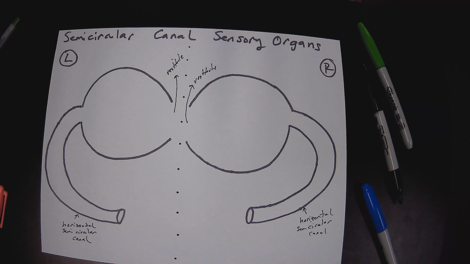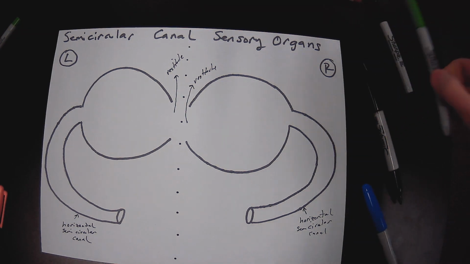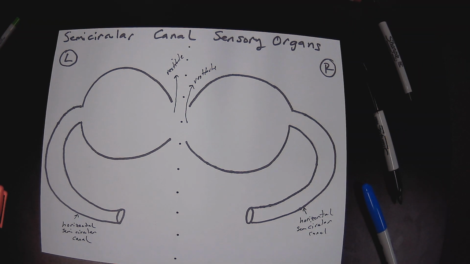Is that clear? See what I've tried to do? So I've just separated the right and the left horizontal semicircular canals. Got it? Okay, so nothing too new yet.